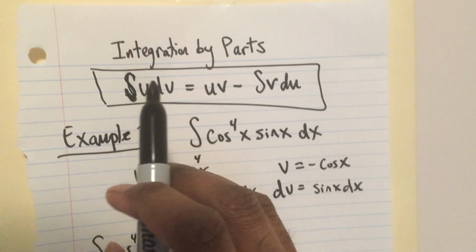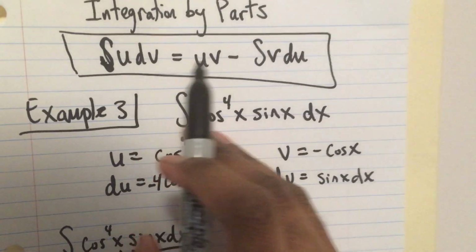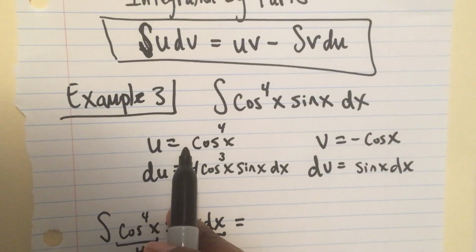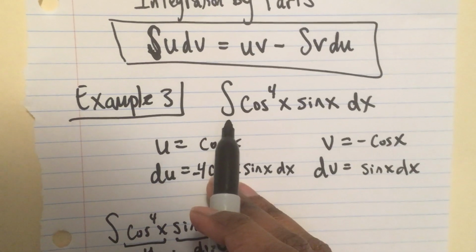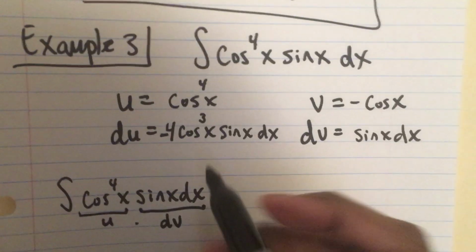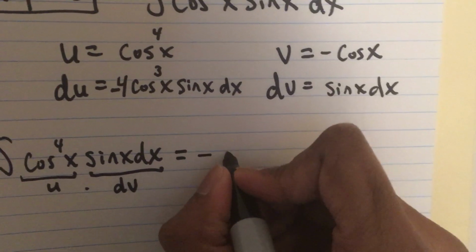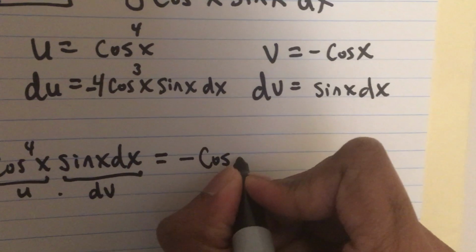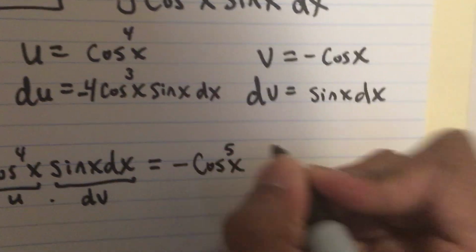I'm going to use this formula. So u times v is going to be cosine x to the fourth power times negative cosine x. I'm going to get negative cosine x to the fifth power.